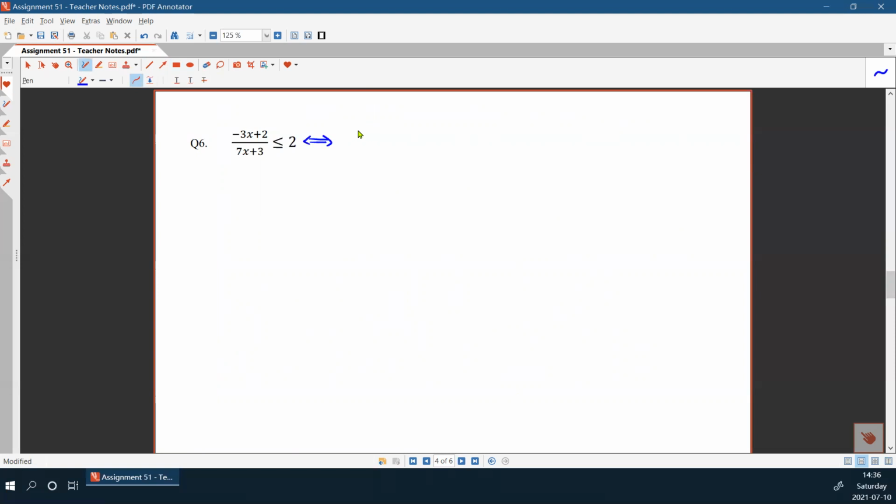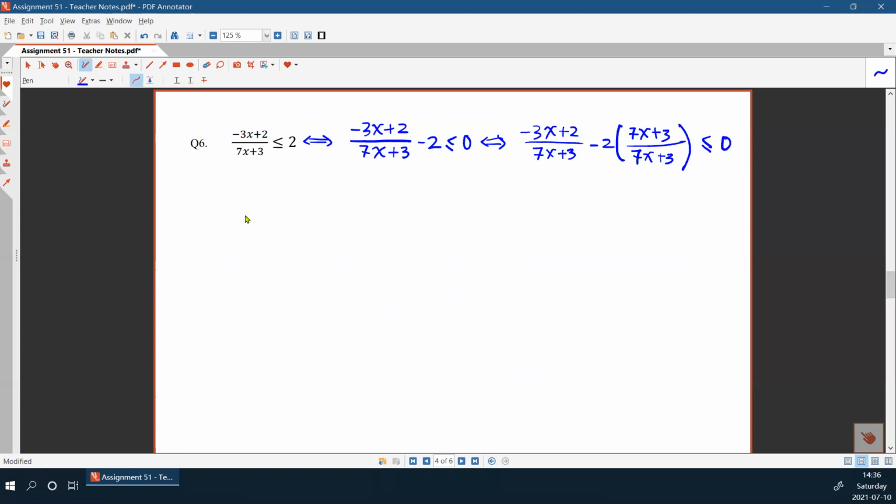The original inequality is equivalent to minus 3x plus 2 over 7x plus 3, minus 2, less than or equal to 0, right? And then let's rewrite the expression on the left-hand side using the common denominator, which is 7x plus 3. Okay, and then expand the numerator and simplify.